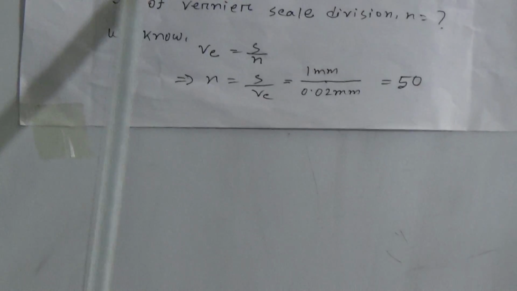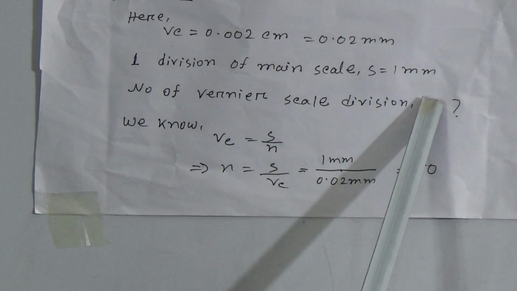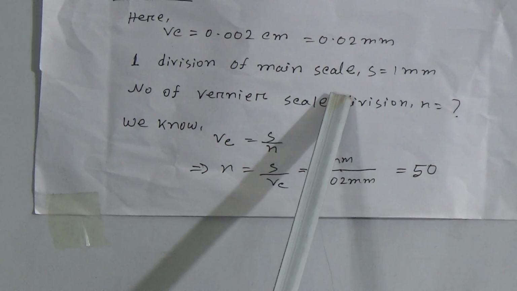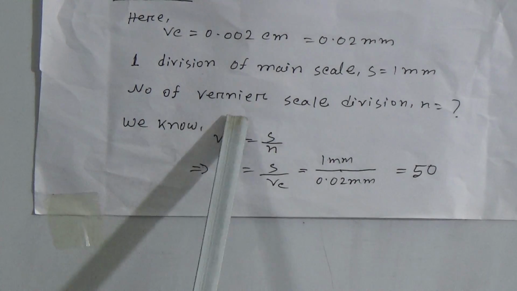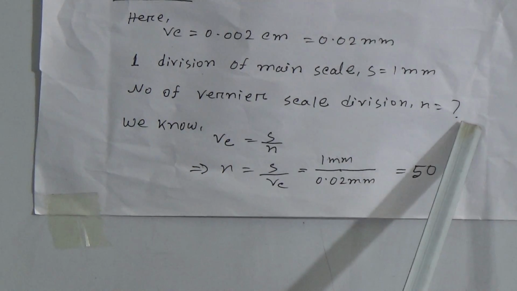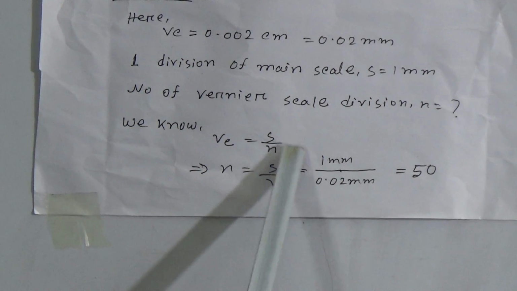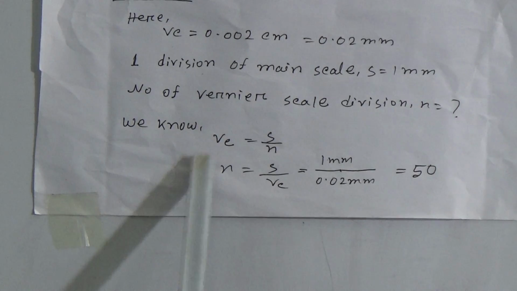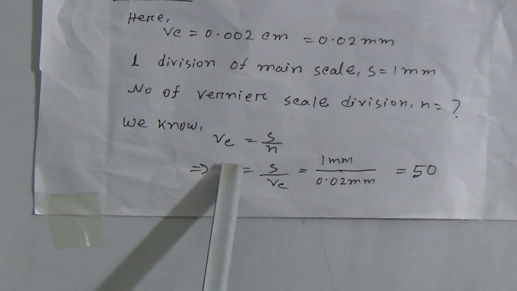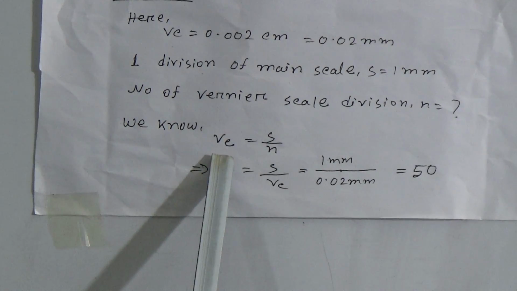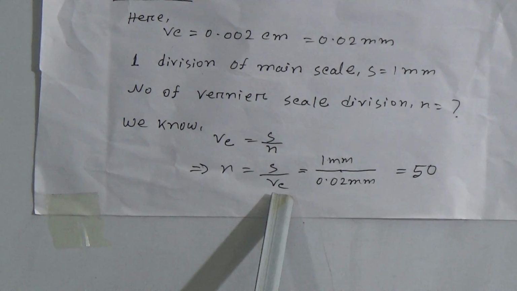Now 1 division of main scale is equal to 1 millimeter. The number of vernier scale divisions, N, equals what? We know the formula: vernier constant equals S by N. So N equals S by vernier constant.